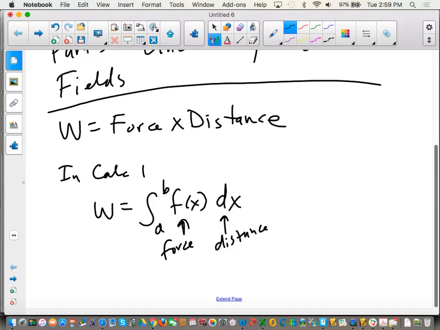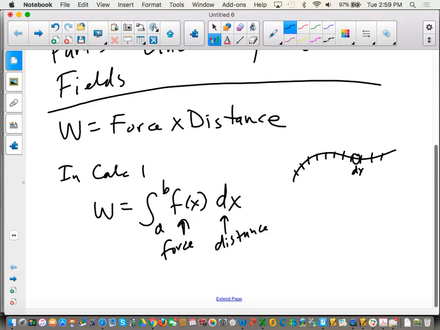I don't know if we ended up doing any work problems, and you guys did Calc last year, but the idea is to divide this, each of those pieces is dx, so the integral adds up the work done for every single piece. Okay?